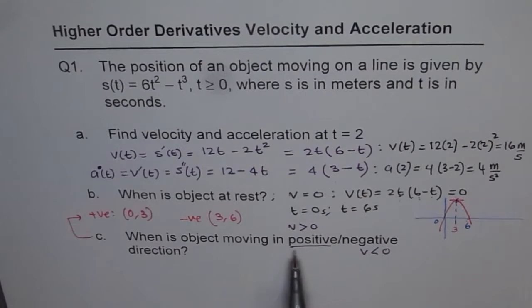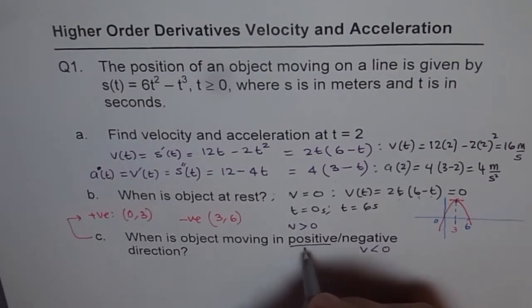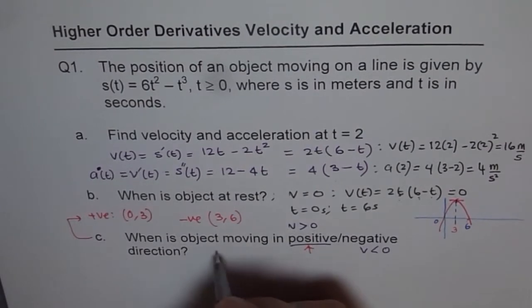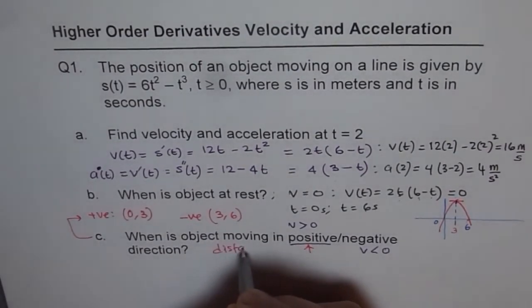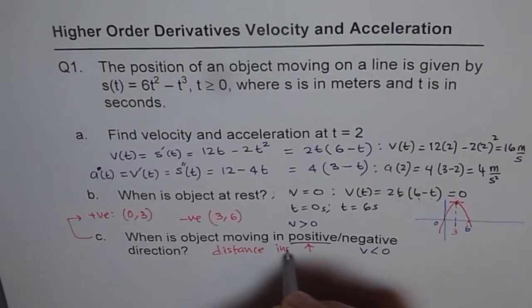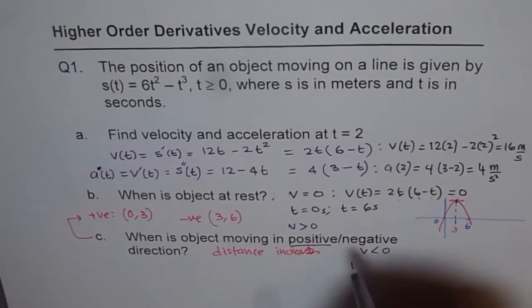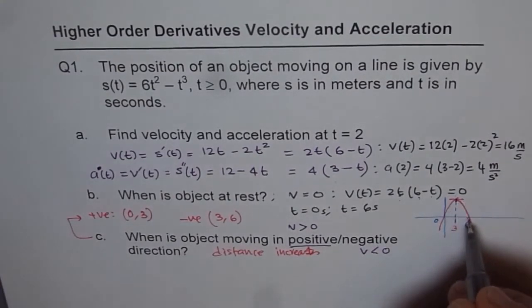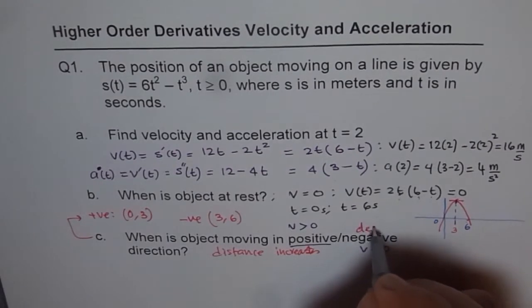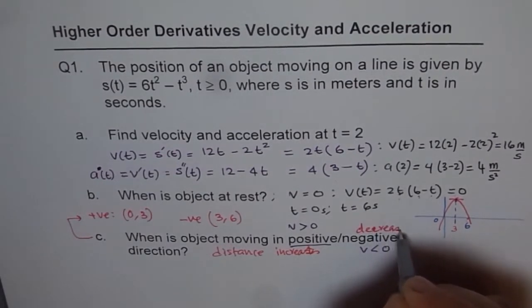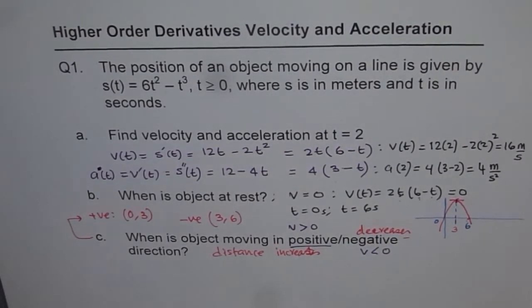When the object moves in the positive direction, the distance is increasing. The positive direction means displacement increases. And when the object turns, then it starts decreasing. Do you see that? That is how things are related. So you can see now that when velocity is 0, that is the turning point for an object in motion.